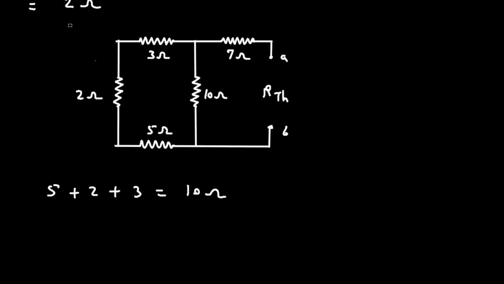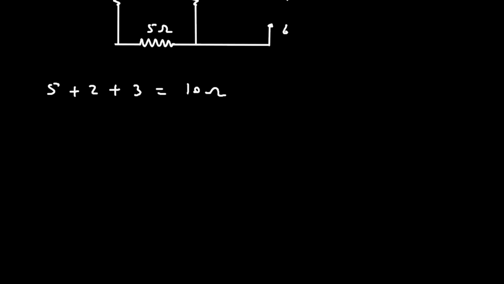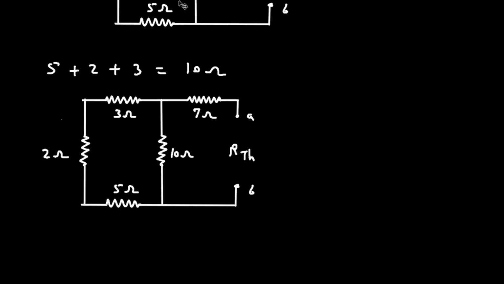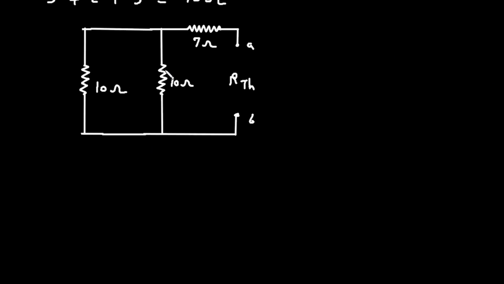Again, let's copy this circuit. Now we can replace these three resistances by a single resistance of 10 ohm. So this will be 10 ohm. Now here we can see this 10 ohm and 10 ohm are connected in parallel.